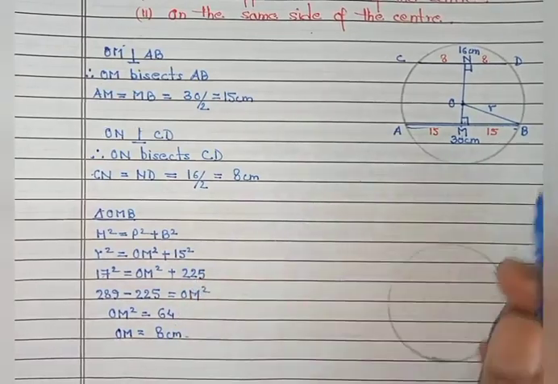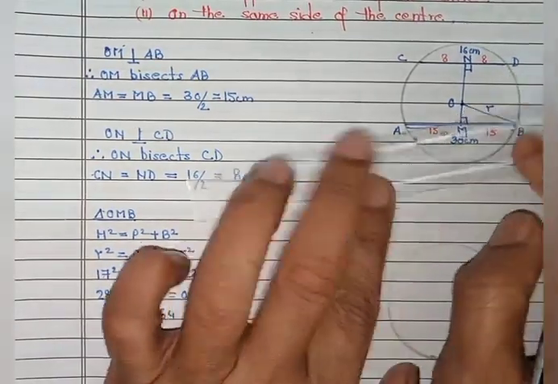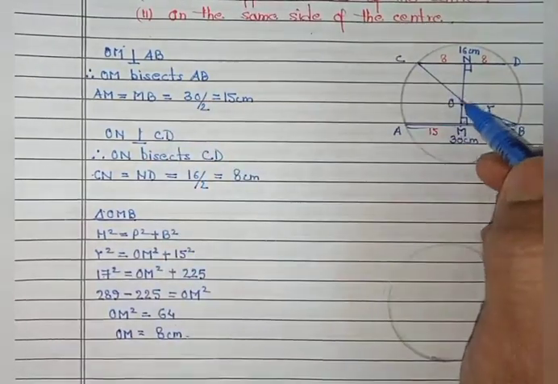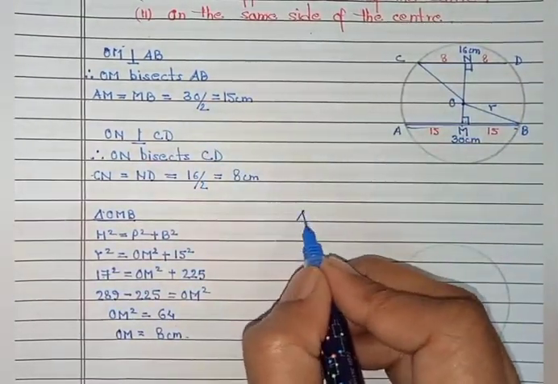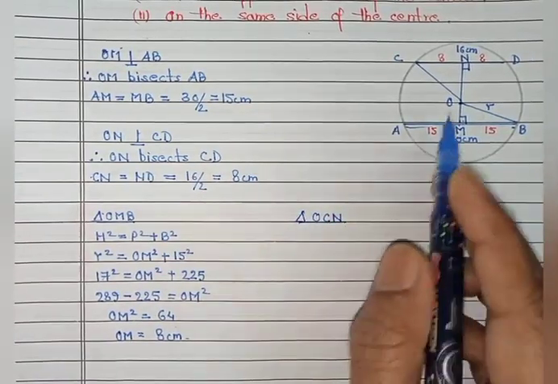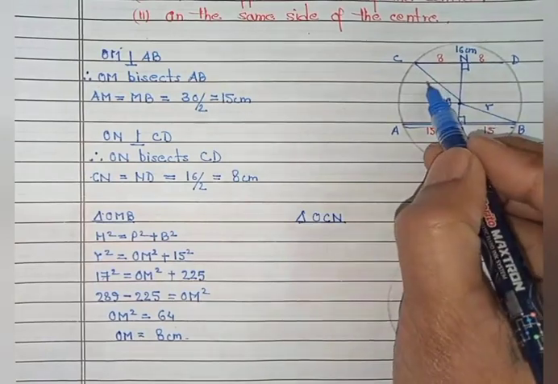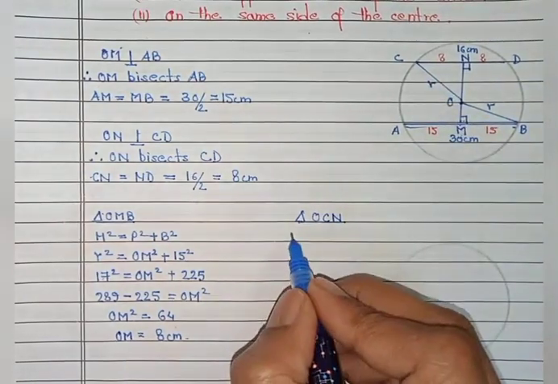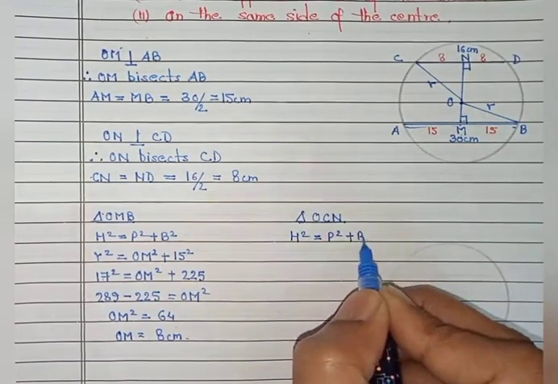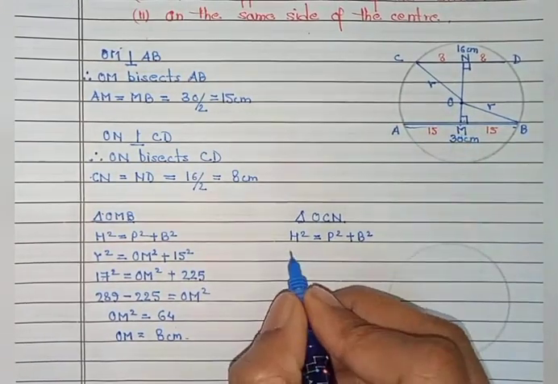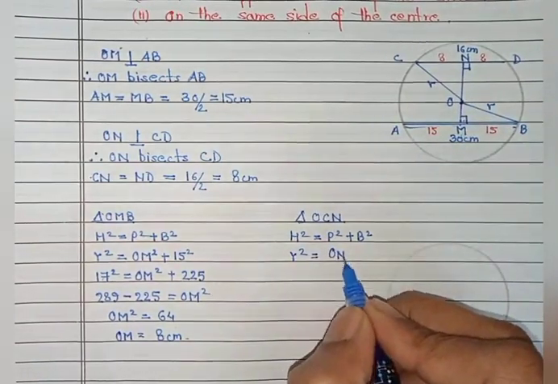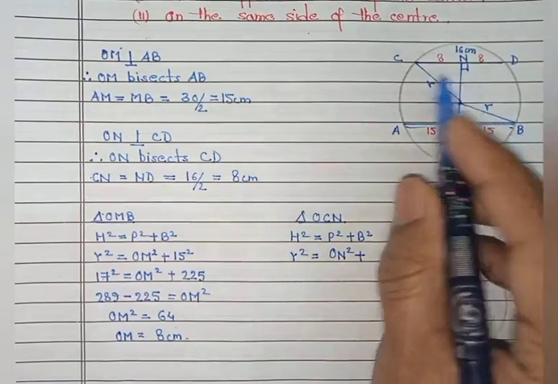Now we will draw a right angle triangle with the other chord also, that is triangle OCN. In triangle OCN, it's again a right angle triangle. This is a radius, so we are going to apply the Pythagoras theorem. Hypotenuse is radius, perpendicular is ON, and base is 8.